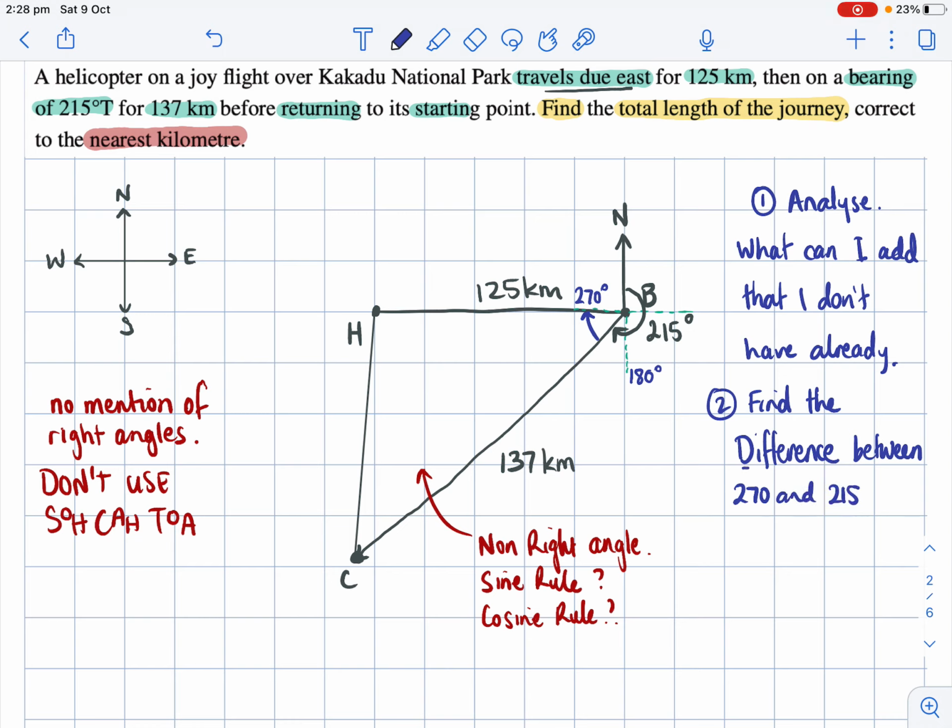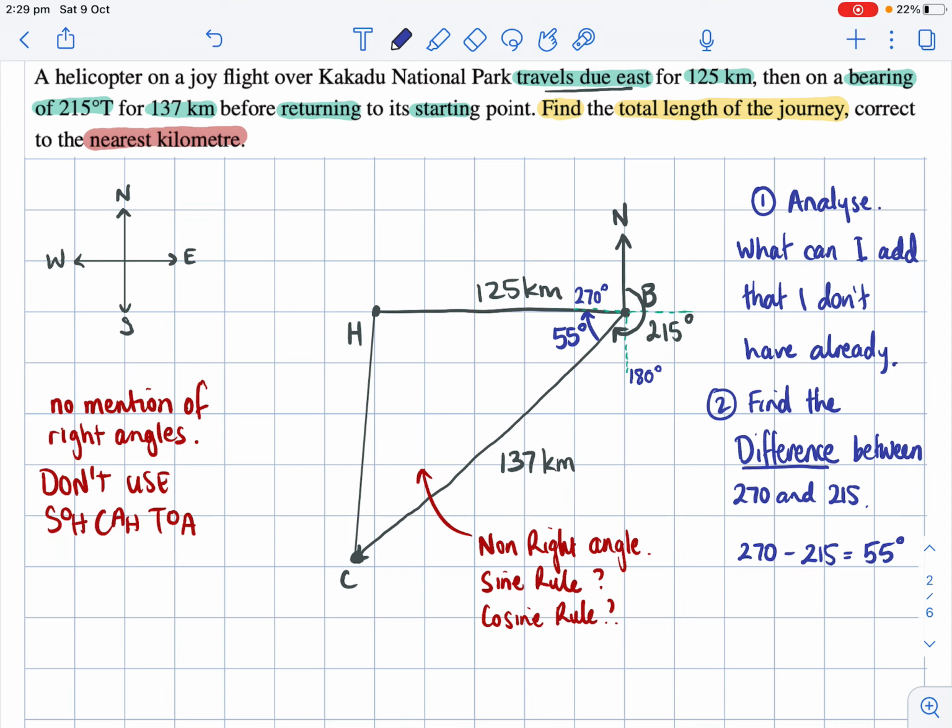What I'm talking about with that little voice is as soon as you say the word difference, you should be thinking subtraction, because difference and subtraction align in mathematics. So I'm going to actually do 270 minus 215 to get, I don't know, what am I going to get? 55 degrees. So this angle here has to be 55 degrees.